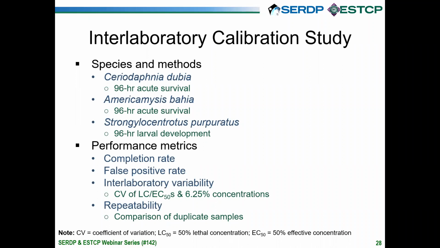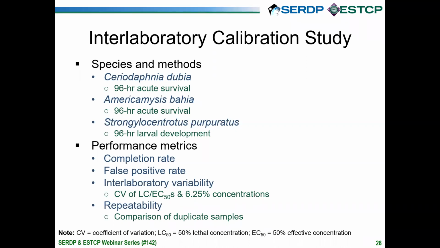The study characterized these performance metrics listed here, which include the completion rate, false positive rate, precision, and repeatability. False positive rate is an indicator: if a sample was not supposed to be toxic, but a laboratory found that sample to be toxic, that would be a false positive.